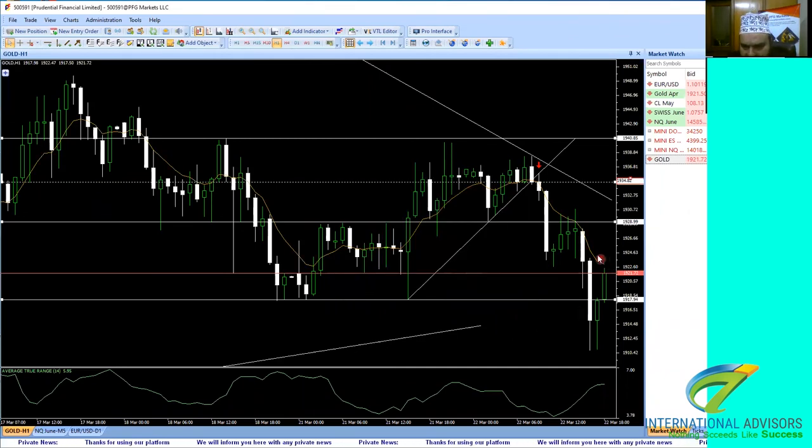So you can see this orange line. All right, so anybody can hear? Okay, so this is how you put moving averages on your chart.